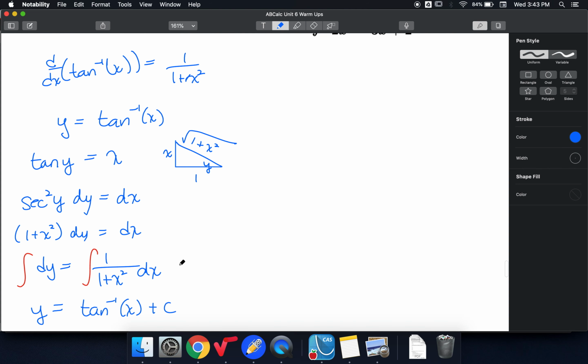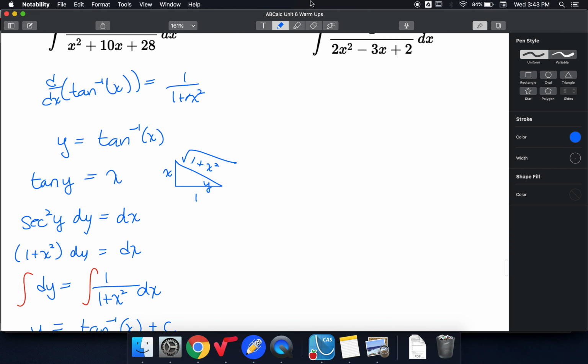So let's see what happens when we have the integral of 1 over x squared plus a squared. Well, in this case, I should have thought about my trusty friend, the u substitution. I know the integral of this, so I don't want an a squared there. I really want a 1 there.